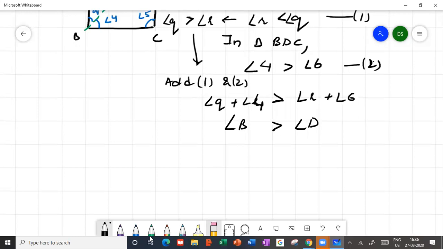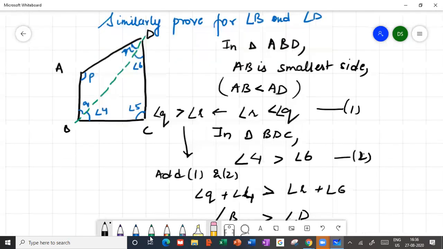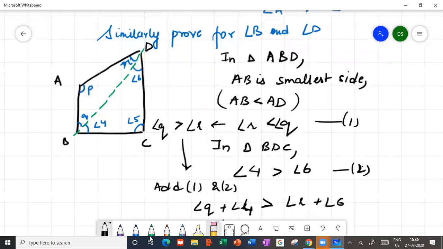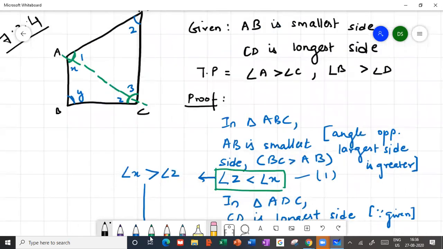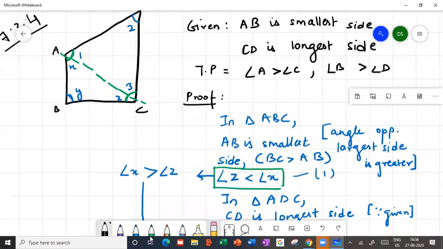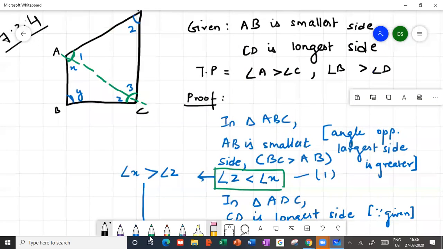You got it, right? What we have done here? Ma'am, I didn't understand the first part, like angle X is greater than angle Z, because if AB is the smallest side, then... Correct. So this property is there, right? Angle opposite largest side is greater.